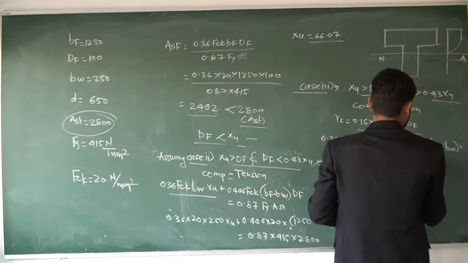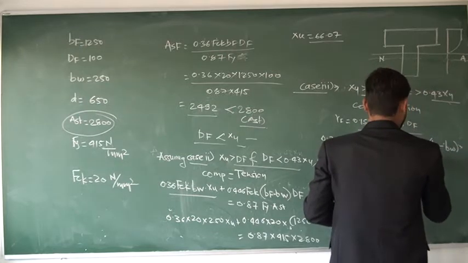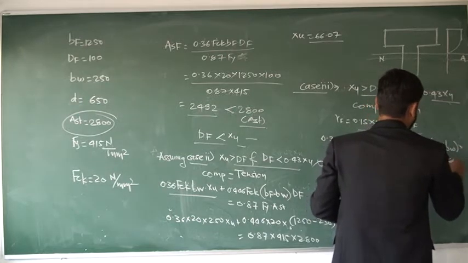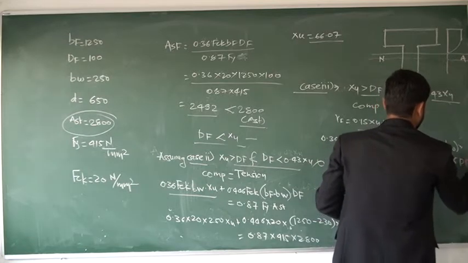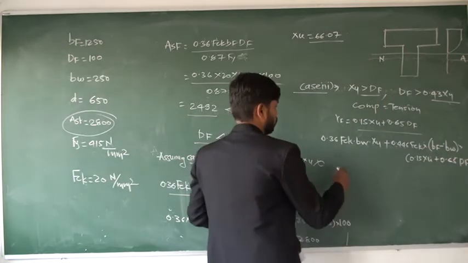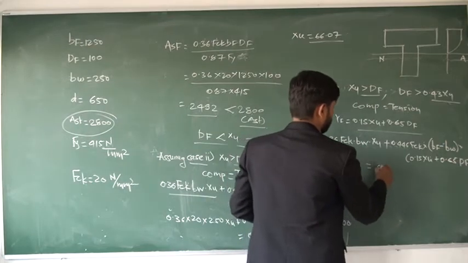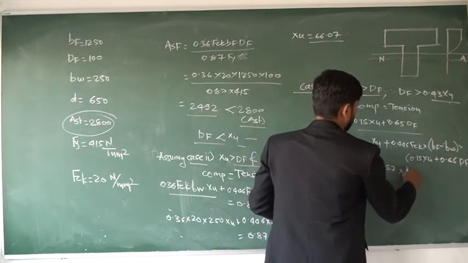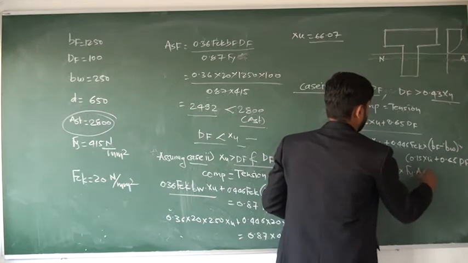What is yf? yf is 0.15 xu plus 0.65 Df. This total compression is equal to tension, 0.87 fy into Ast.